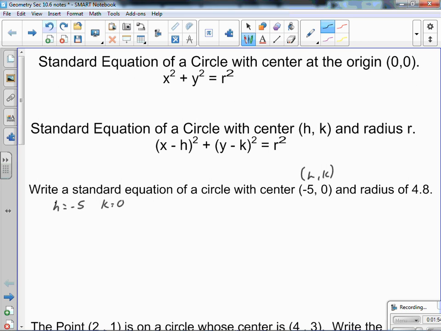So if we just plug it into that standard equation format, it's going to be (x minus the h term, which is -5) squared, plus (y minus the k, which is 0) squared, is going to equal the radius, which is 4.8 squared.